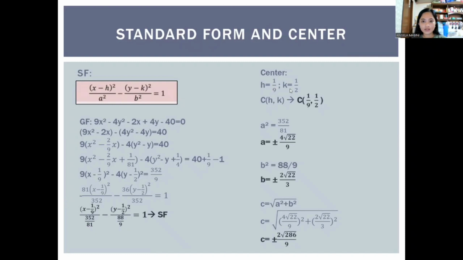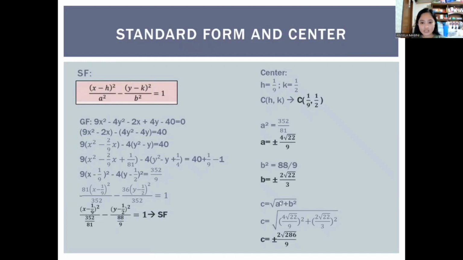So our center, according to the representation of the standard form, is 1 over 9, 1 half. The value of A is equal to plus or minus 4 square root of 22 over 9. And the value of B is equal to plus or minus 2 square root of 22 over 3.